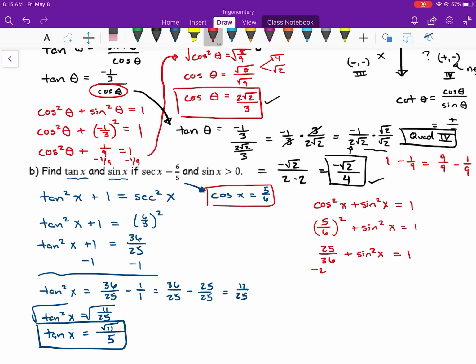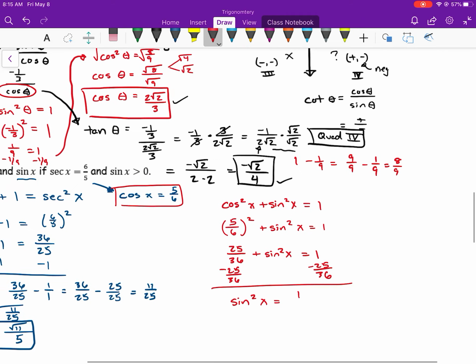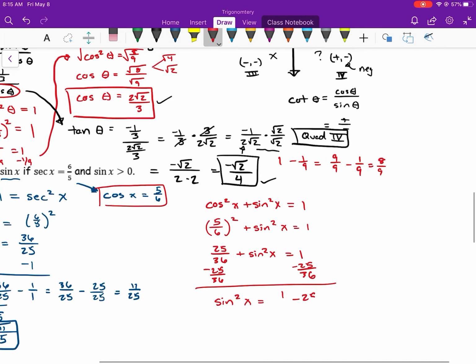So I'm going to subtract 25/36 from both sides. Sine squared of x is equal to 1 minus 25/36, which is 36 over 36 using common denominators, minus 25 over 36, which equals 11/36.